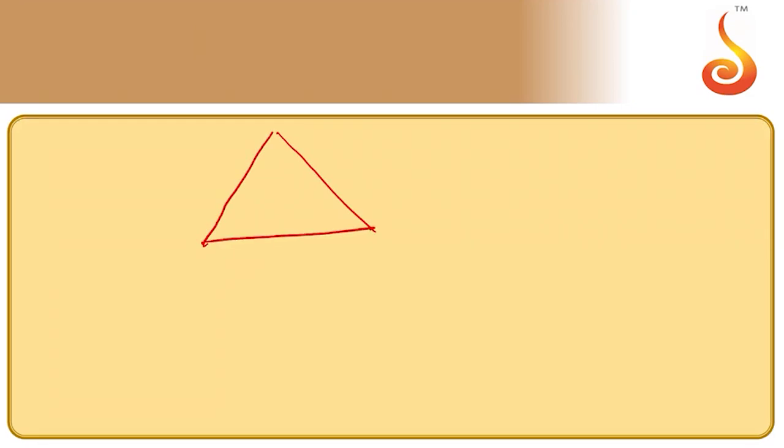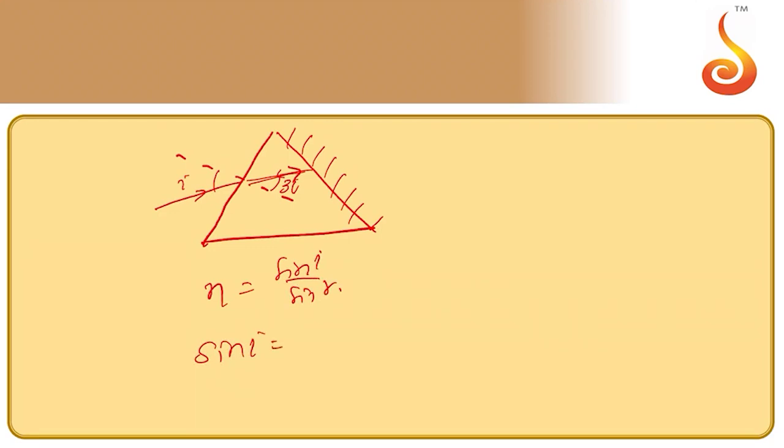So, construction. This is I, and this is 30 degree. So, now n is equal to sin I divided by sin r, or sin I is equal to n sin r.